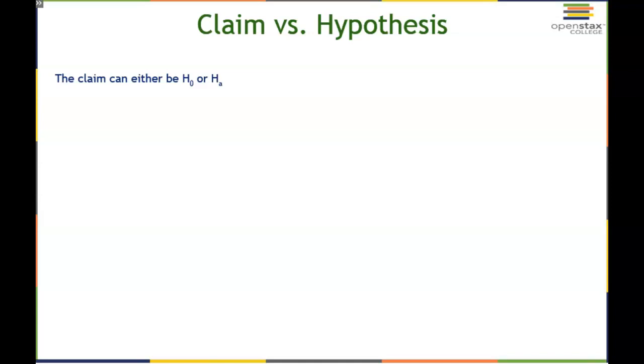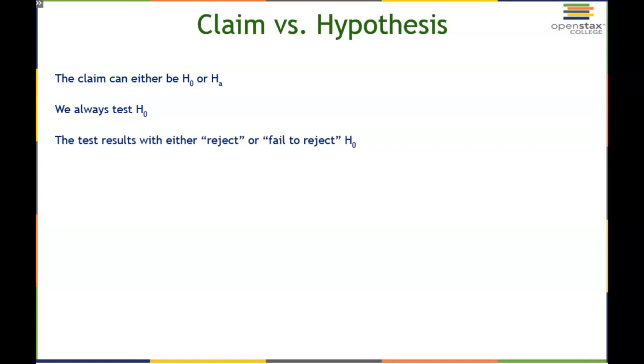So a claim is one of those hypotheses, but the hypotheses always come in a pair, an H0, an HA. We will always test the H0 no matter if it is the original claim or not. It doesn't matter if H0 is the claim or not. We will only ever test an H0.